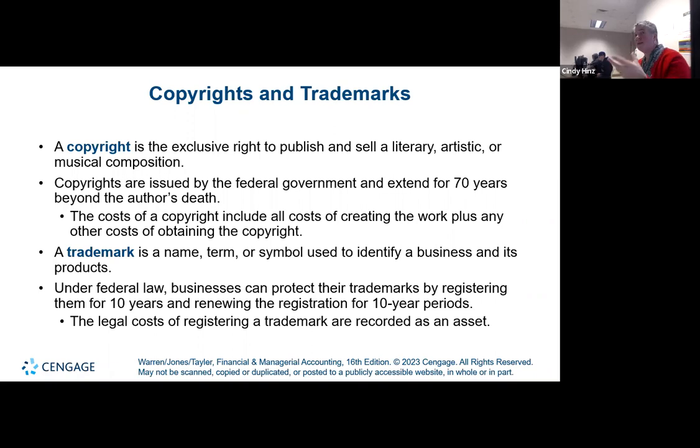The expected useful life of a college textbook is, they say, about 4 years. My guess is if you look at the textbooks you're using for any one of your classes, you won't find one that's older than 3 years old.